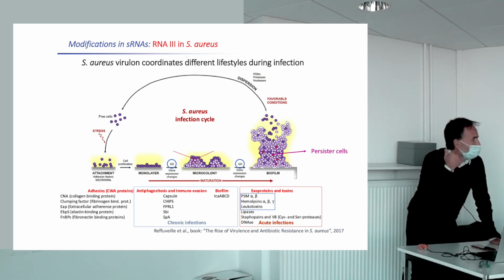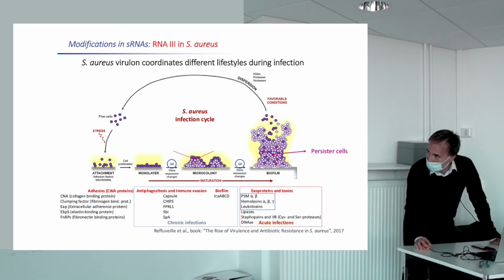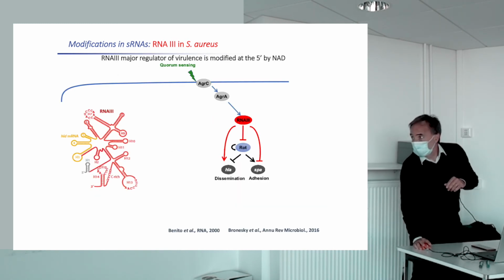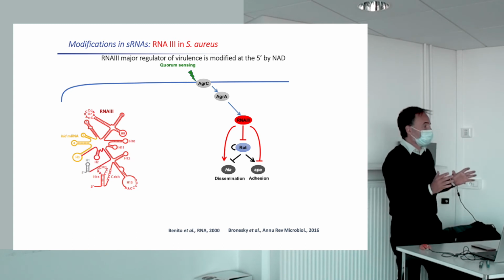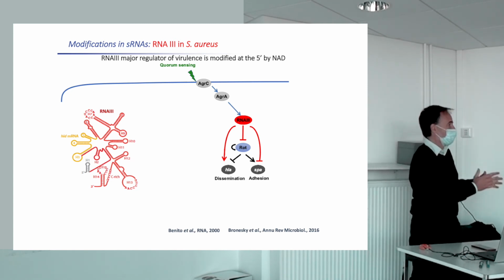This is the time to switch, to inhibit the production of the adhesin and the biofilm, and to start secreting toxin and exoprotein. So this is under the control of the quorum sensing system. And at the center of the quorum sensing system is this regulatory RNA molecule, RNAIII.